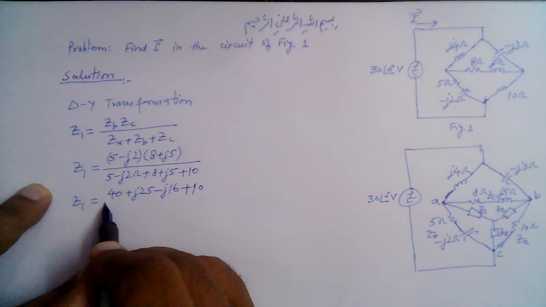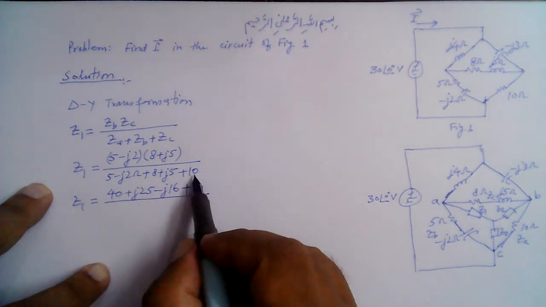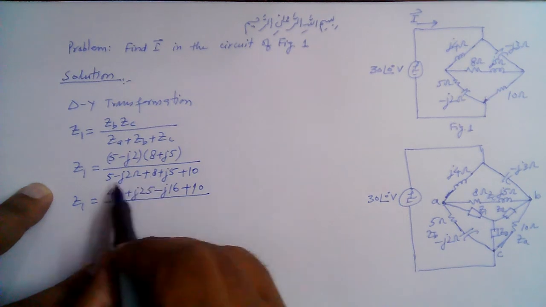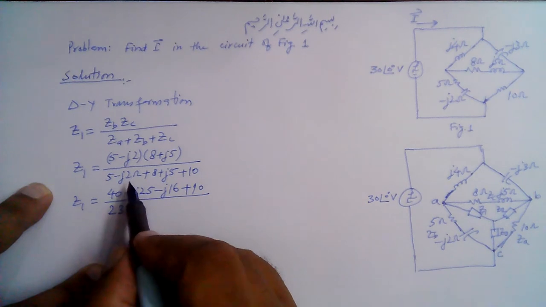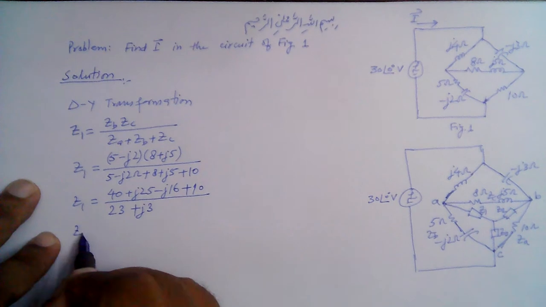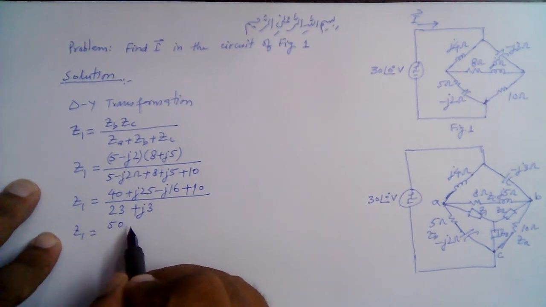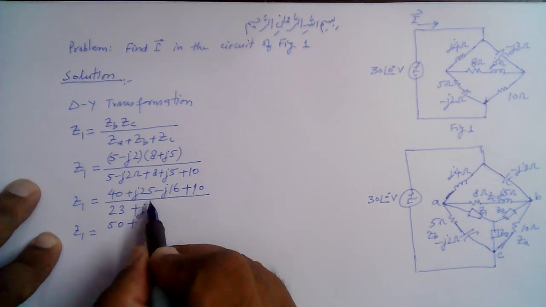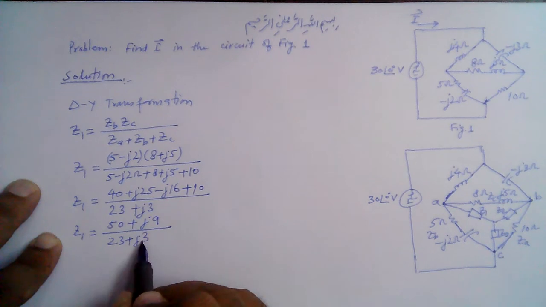And that is divided by 10 plus 8, 18, plus 5, 23. Minus j2 and plus j5 is plus j3. So Z1 is equal to 40 plus 10 is 50, plus j9, since 25 minus 16 is 9, divided by 23 plus j3.